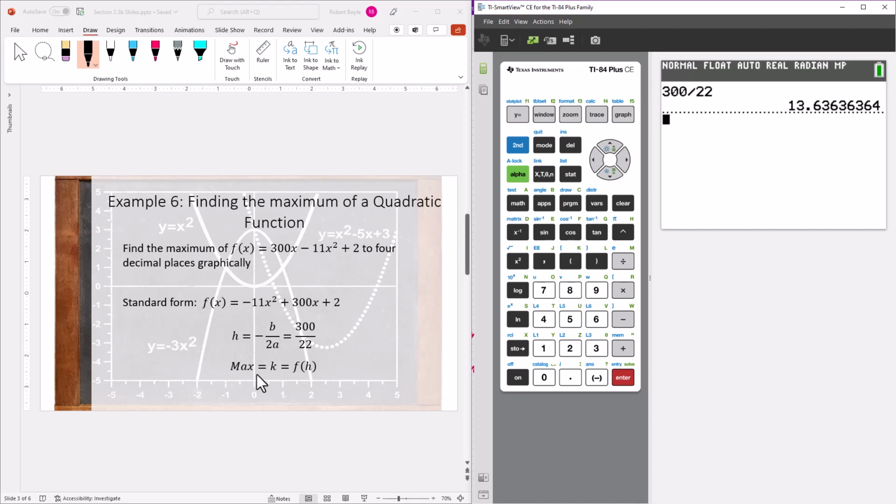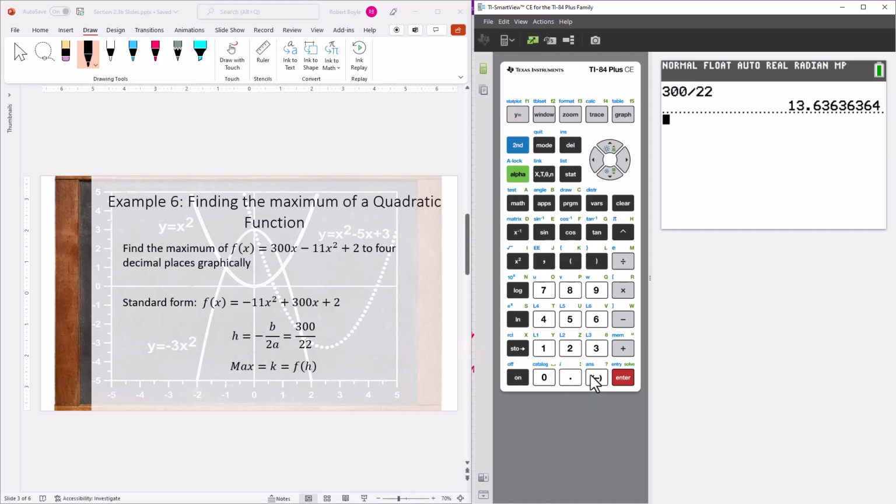We can actually then figure out what the max is. And we don't really need to do that graphically, although we will, but we're going to do that by essentially plugging in, by essentially using this particular equation. So let's go ahead and do that.